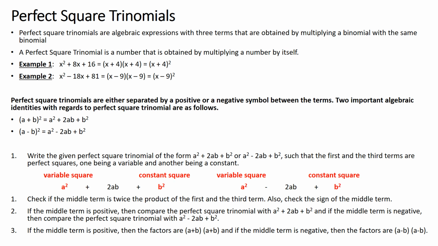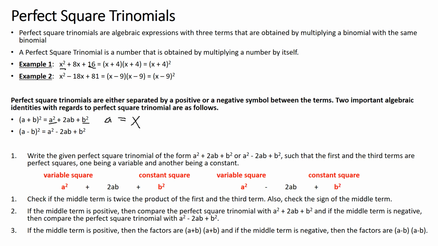On example 1, for example, when we have the a squared plus 2ab plus b squared, my a squared is my x squared right here, which means my a equals x. And then I've got my b squared, and that is 16 here.